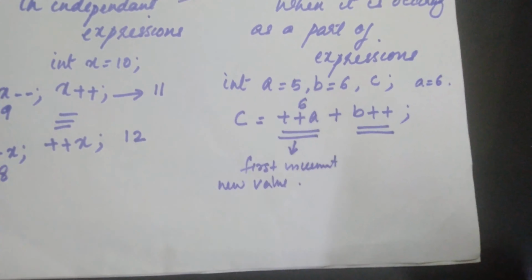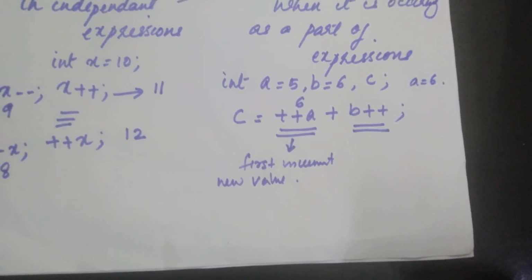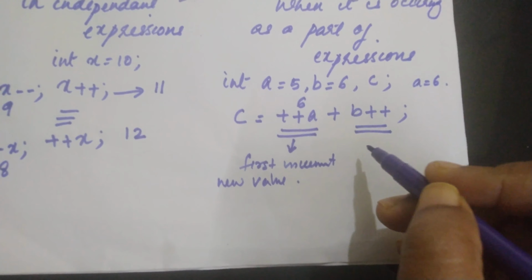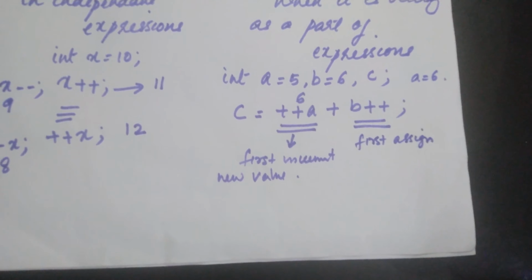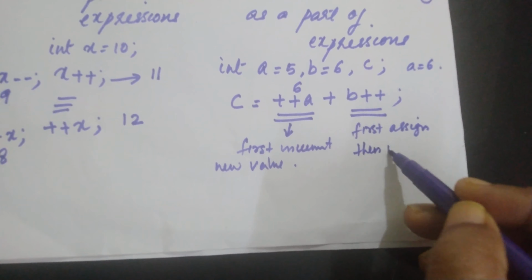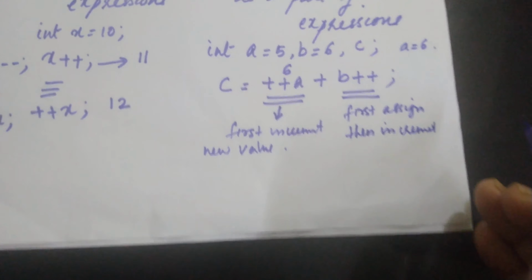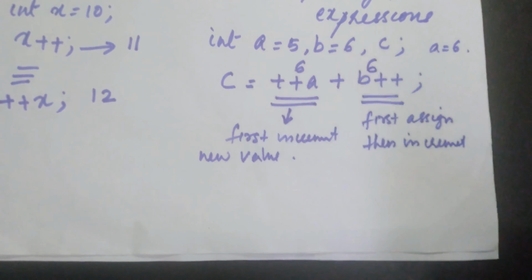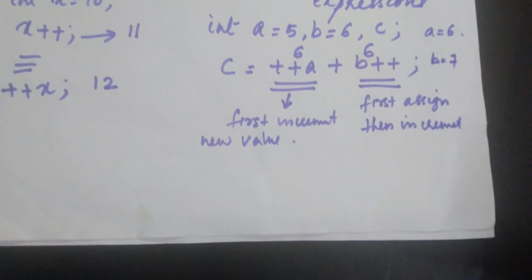The value of b is 6 and as it is a post-increment operator, when written as a part of an expression, it means first assign the old value into the expression and then the variable gets incremented. The value of b was 6, so 6 will be given to the expression and then after that b becomes 7.